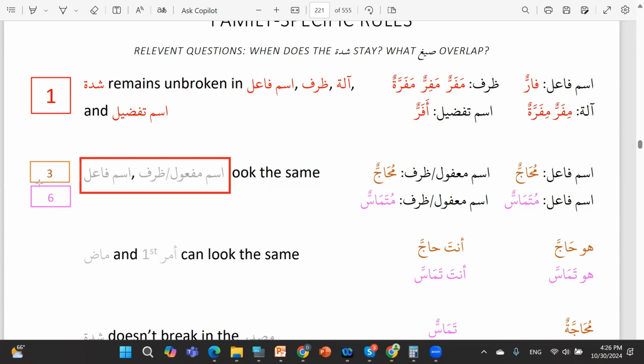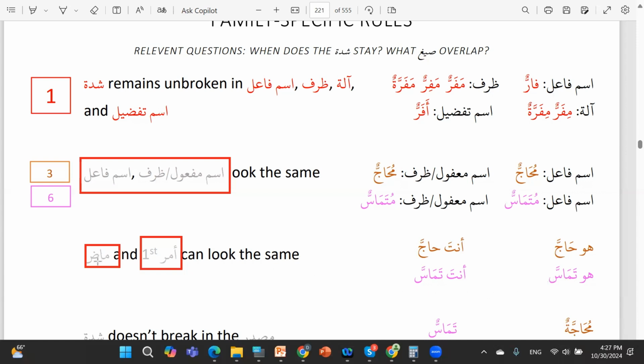And in family 3 and family 6, there's another pair of word forms in which they look the same: the huwa form of fi'l madi and the anta form of amr. Huwa hajja, anta hajja, first version of fi'l amr. Huwa tamassa, anta tamassa.